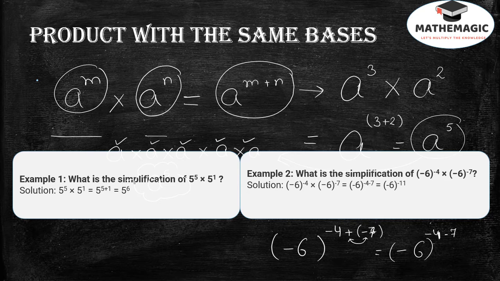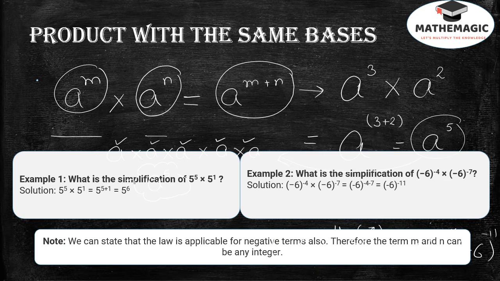So overall, minus 4 and minus 7 will give you minus 11. Hence the answer is minus 6 raised to the power minus 11. Thus, we can say that the law is applicable for negative terms also. Therefore, the terms m and n can be any integer.